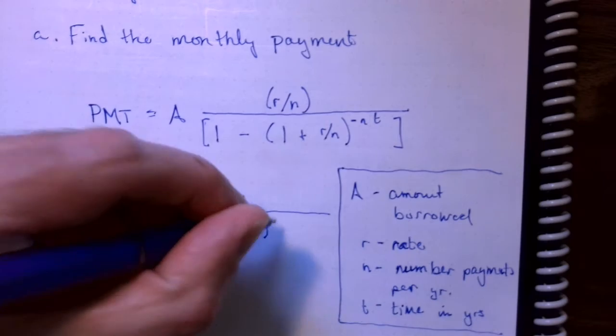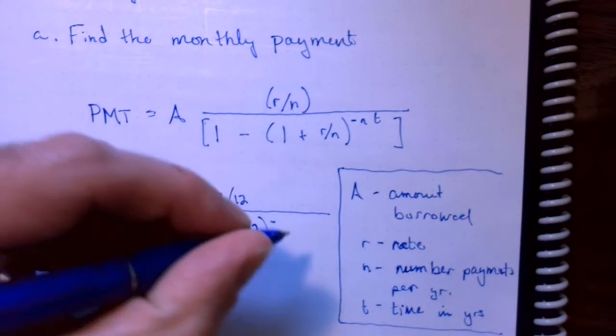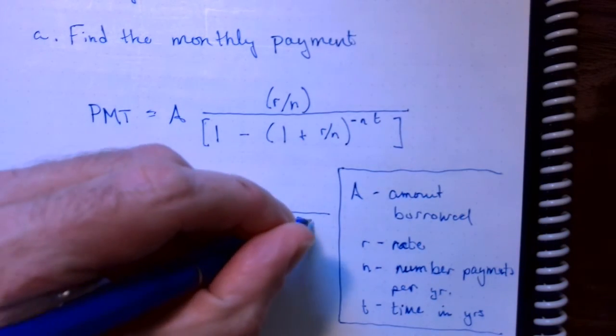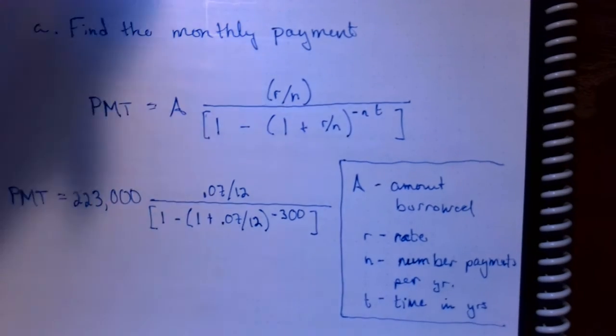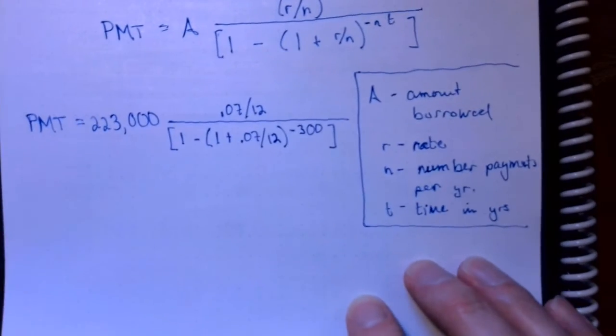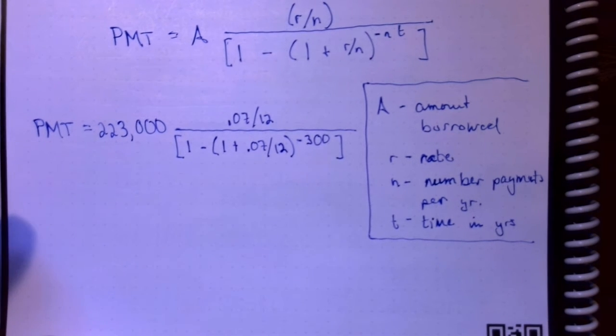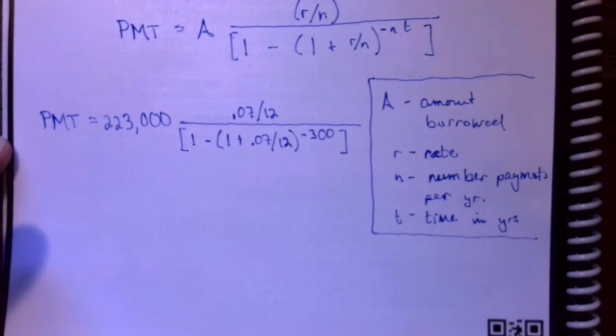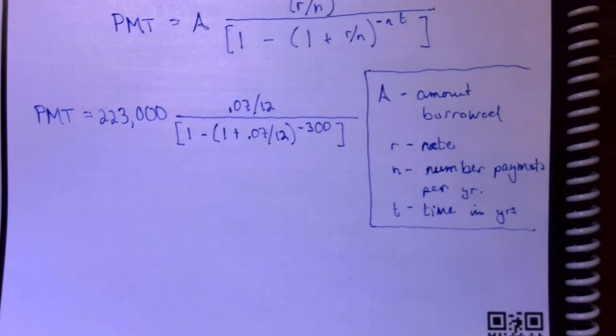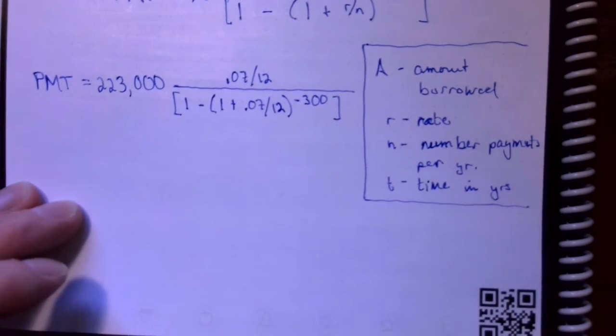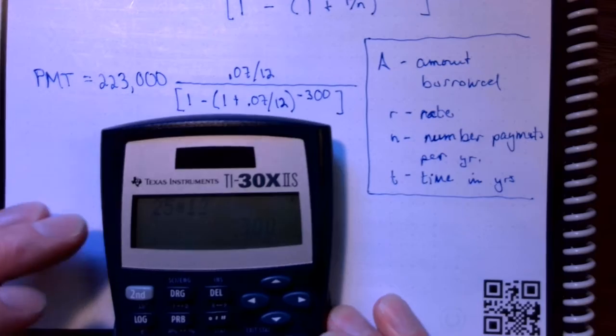So my exponent, and notice that minus sign right there, is minus 300. If you're paying a mortgage off over the course of 25 years, you're going to need to make 300 payments. So we go to our calculator and crunch our numbers here.